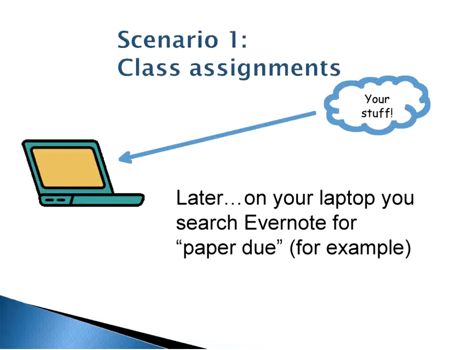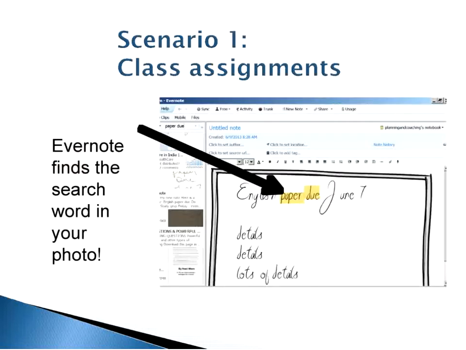So another, within that scenario, here's the cloud where their Evernote stuff is. They go home, boot up their laptop, and let's say they took that image of all that information about the English paper that's due. Now they're in Evernote, and they do a search for "paper due," and I'm using that as an example of a search term they might use.